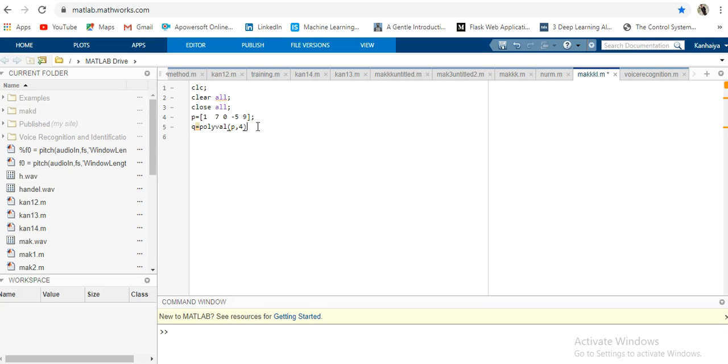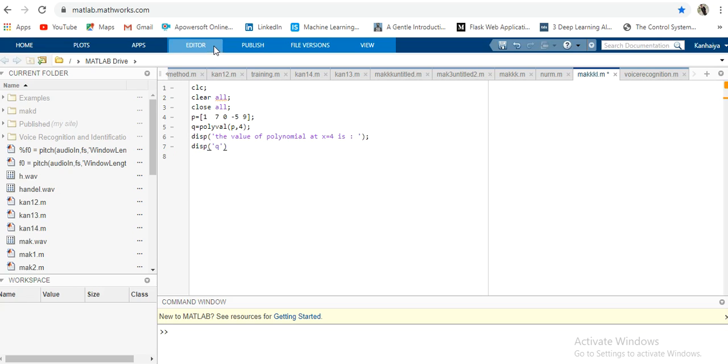This is q, and we will display the value of the polynomial at x equal to 4 is q, right?